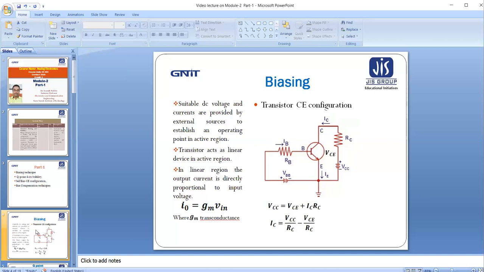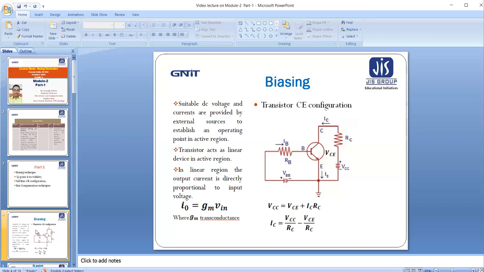The engineering techniques are to provide DC voltage and currents through some external sources. Therefore, the external circuit arrangement which provides the DC voltage and DC current for setting an operating point in the active region of a BJT is called biasing.